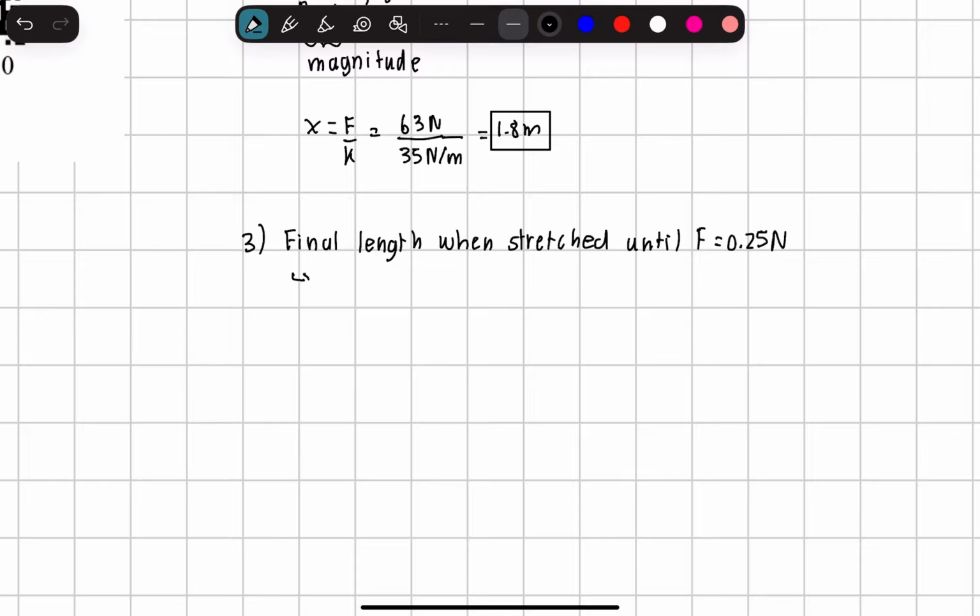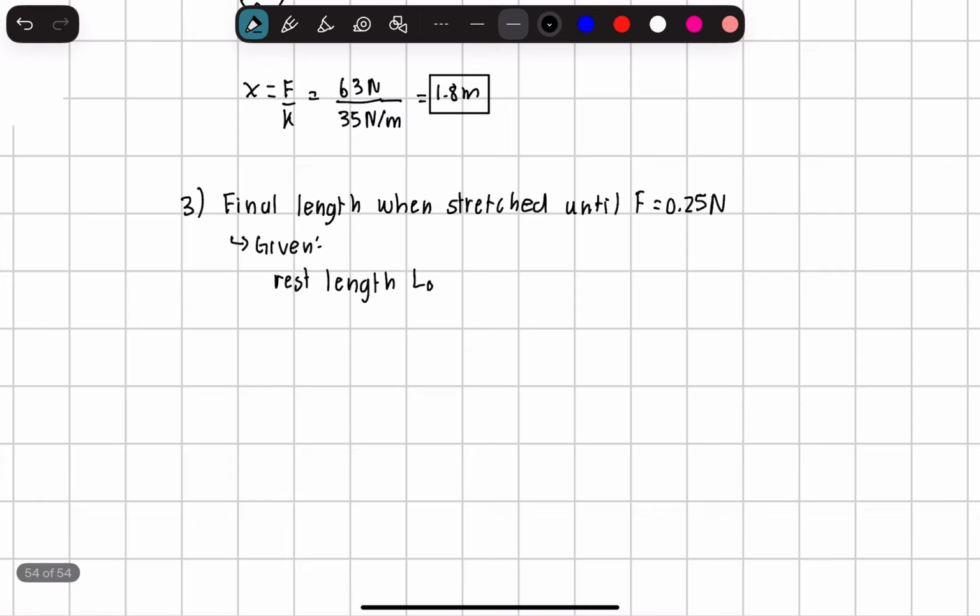We're given the rest length, which we'll call L initial, and L initial was 82 centimeters. Converting centimeters into meters, you multiply by 1 meter divided by 100 centimeters, and you get 0.82 meters.